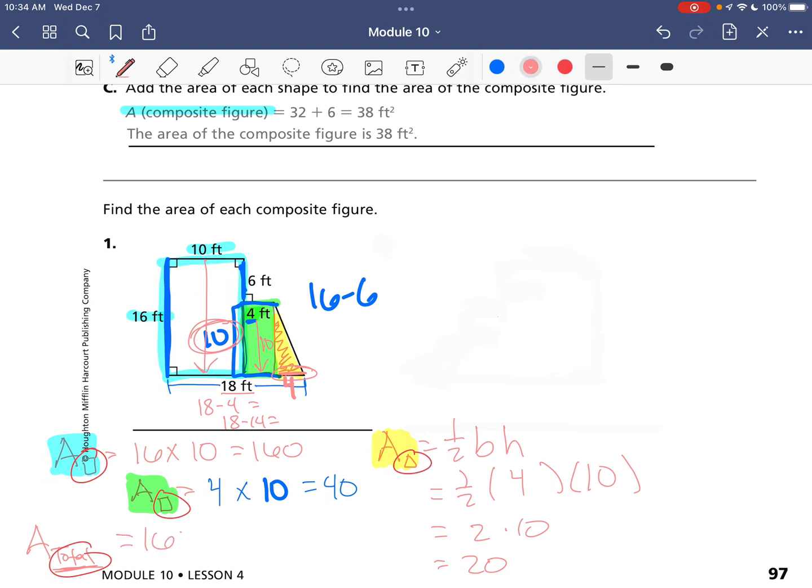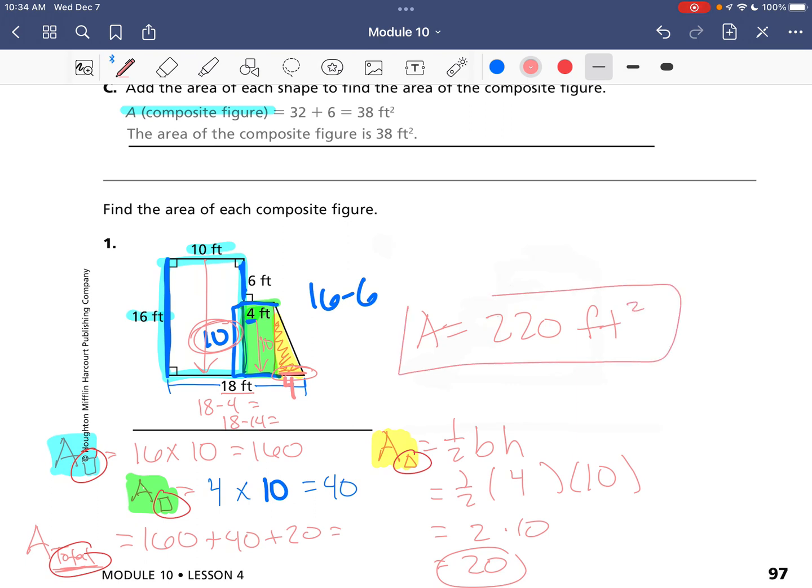So 160 plus my 40 plus my 20. Pause your video, add those up, and then don't forget your units. All right, the area of our composite figure is 220 feet squared. Final answer, put it in a box.